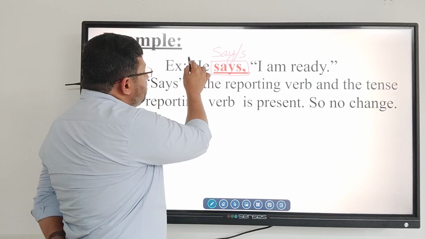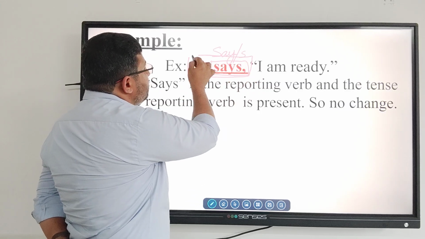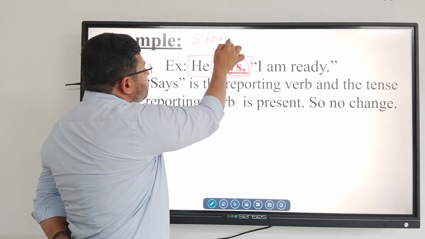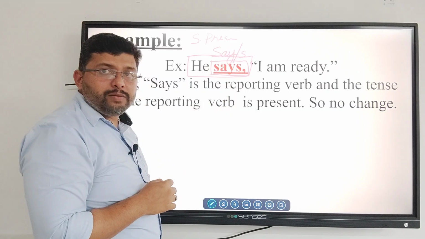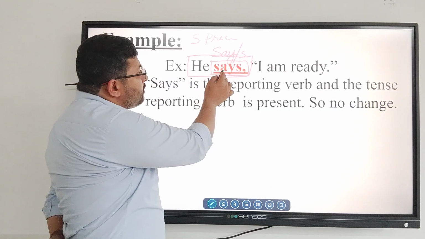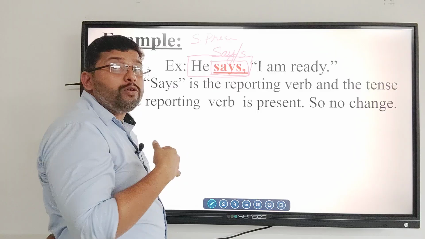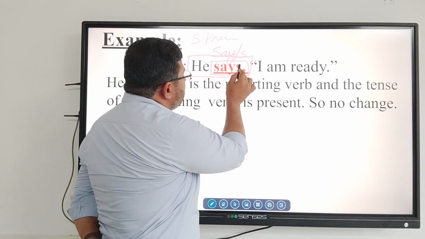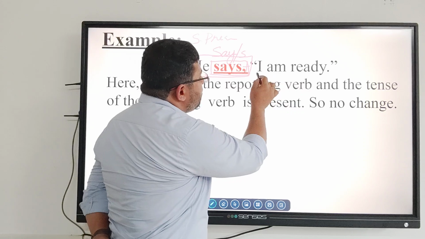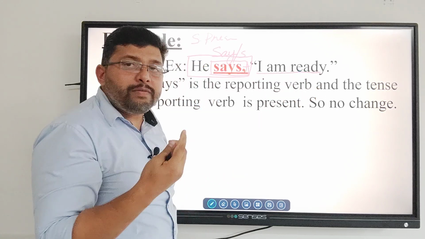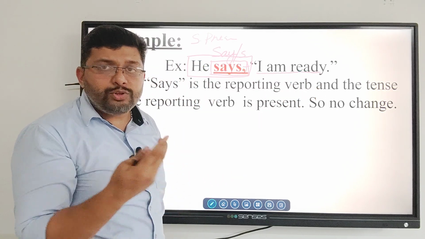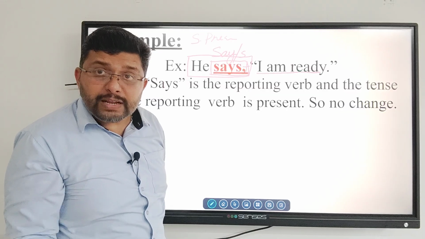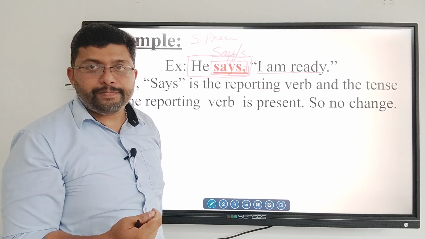So easily we could identify that this portion is in simple present. So if a reporting verb is in present or future tense, the reporting verb as well as the reported speech will never change its tense.